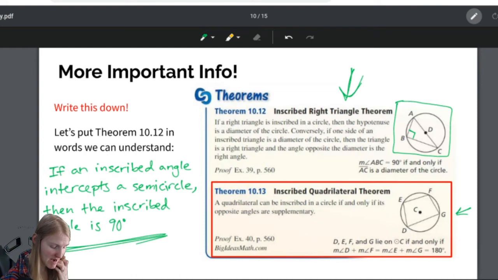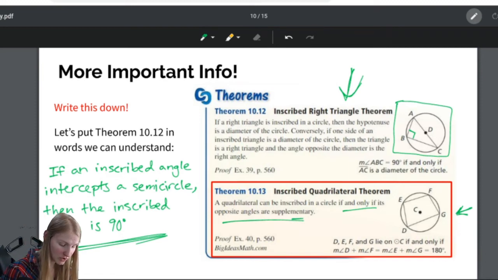Okay, and then our next theorem, the inscribed quadrilateral theorem, says a quadrilateral can be inscribed in a circle if and only if its opposite angles are supplementary. Ooh, okay.